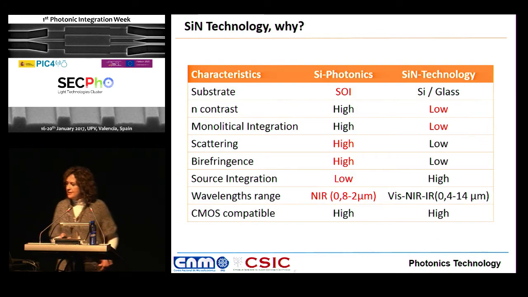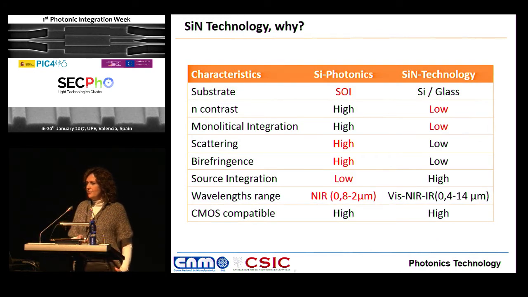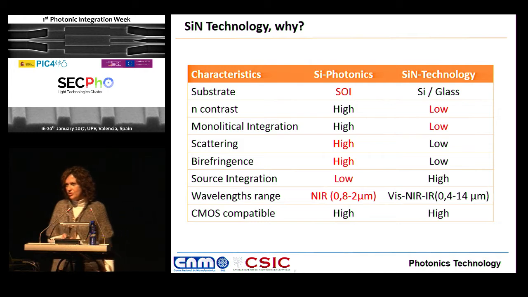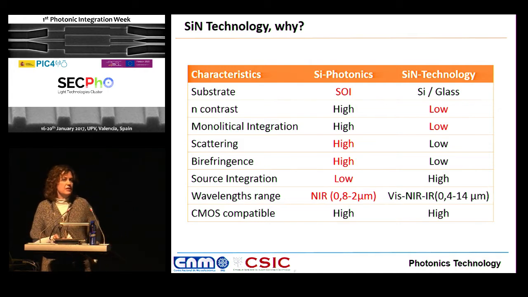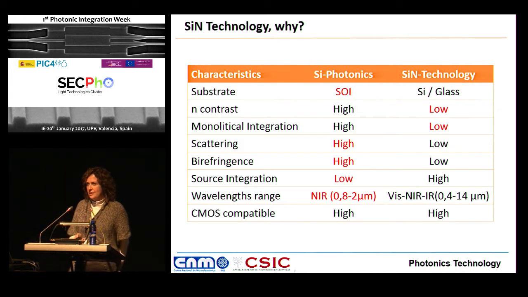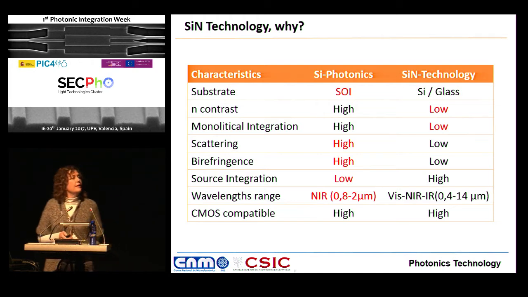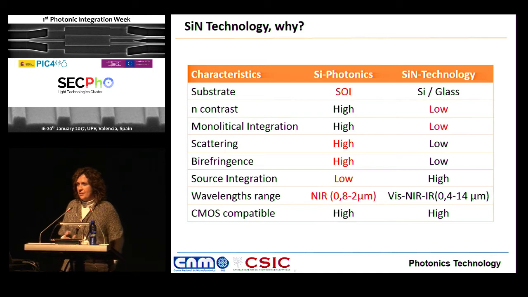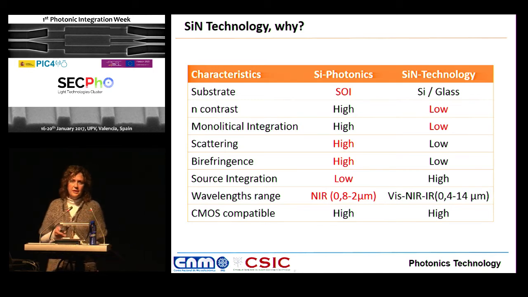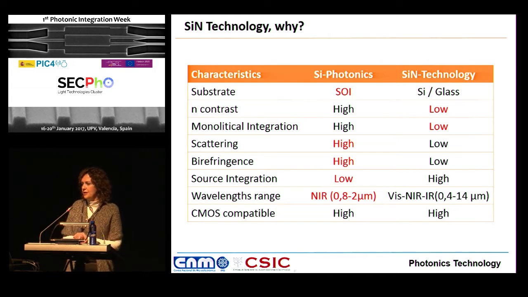On the next slide, we see a comparative table of both technologies. Both are very similar because both come from microelectronics technology. For example, in terms of CMOS compatibility, they are very similar. But if we detail other characteristics, we can see some differences.